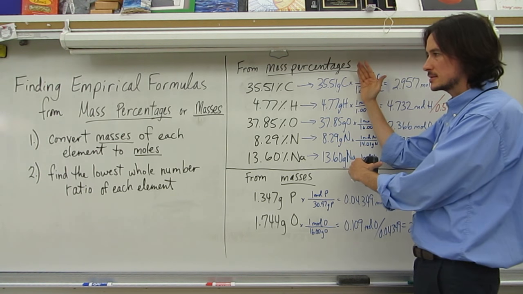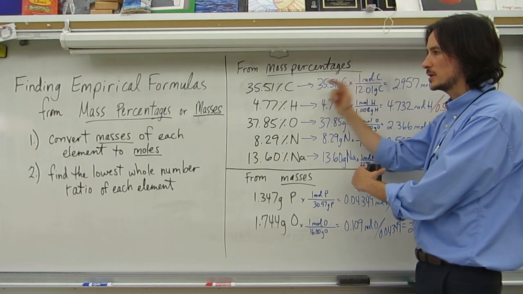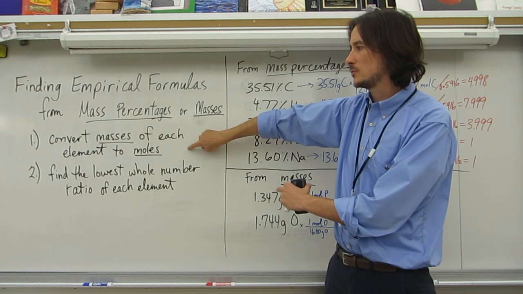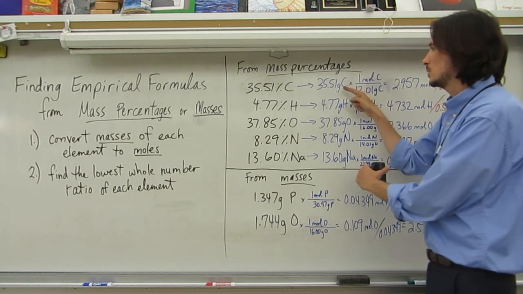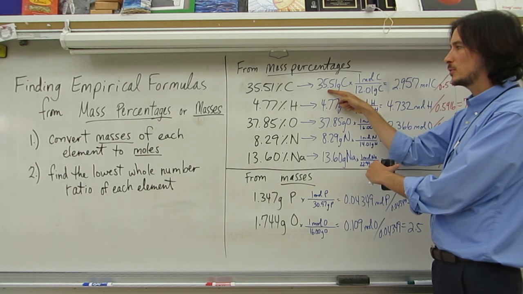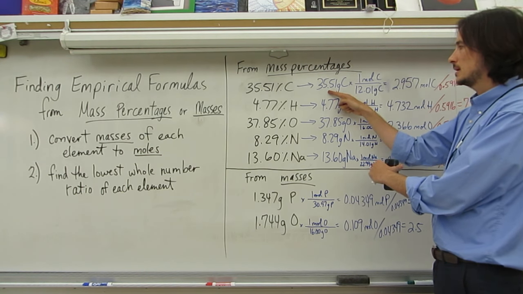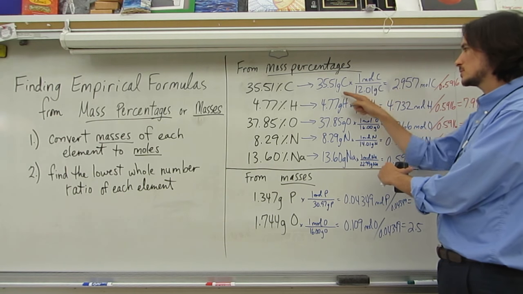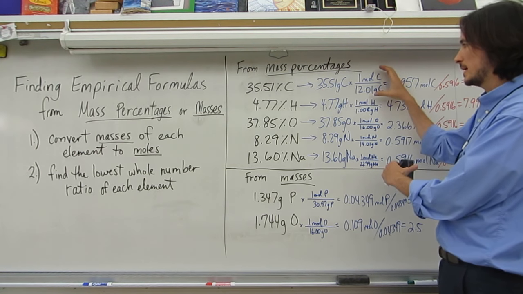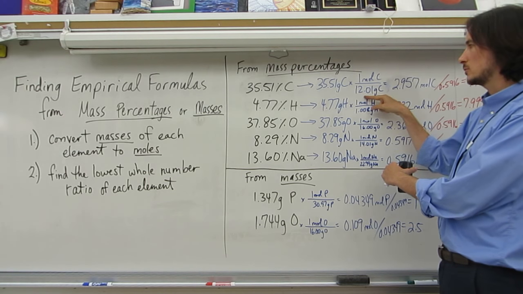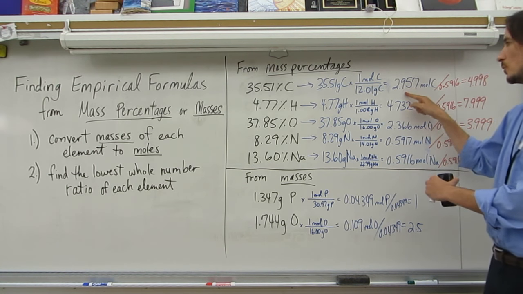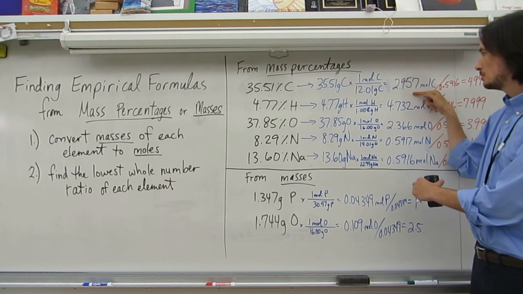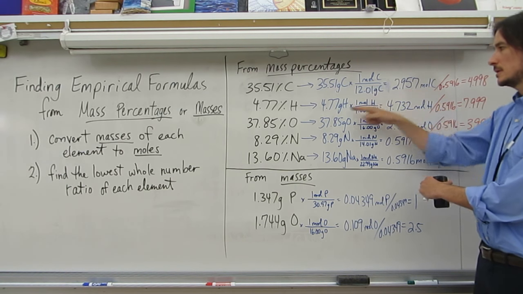So we've got masses. But step 1 here, if we're finding empirical formula, we need a mole ratio. So if we've got 35.51 grams of carbon, how many moles is it? We use the molar mass of carbon, 12.01 grams per mole. Grams cancel, and we get 2.957 moles of carbon.